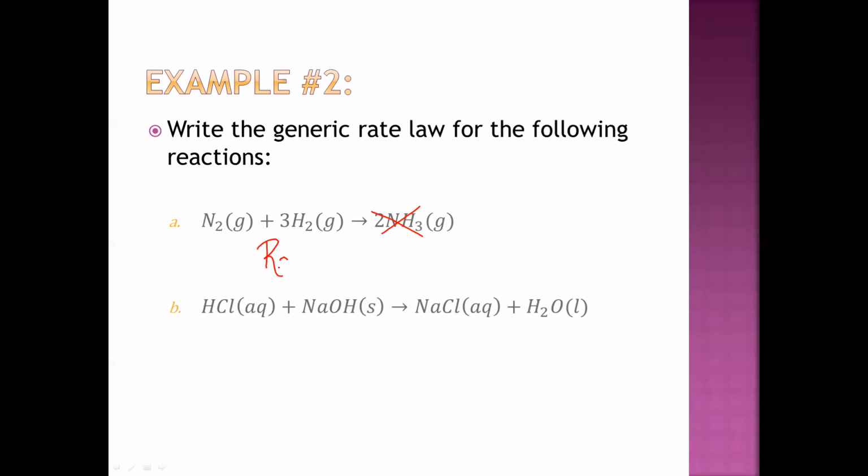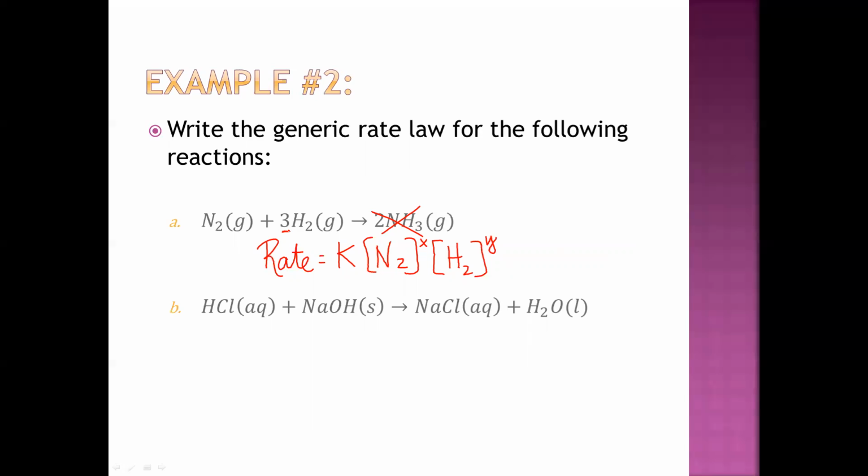So it would be rate is equal to K times the concentration of N2 raised to a power, I don't know what it is, so I'm just going to put X, times the concentration of H2 raised to a different power, so I put Y. So they have to be different. And that's it. Now, technically, if you write the 3 next to the H2, that's going to be okay. You don't have to. So that's why I didn't do it. But that's all we would do for a generic rate law.